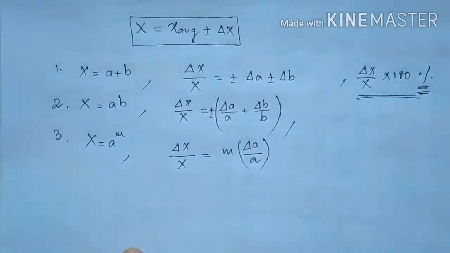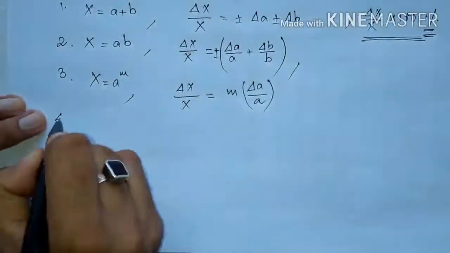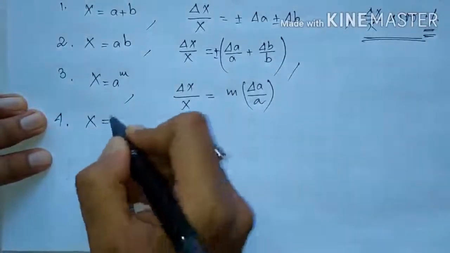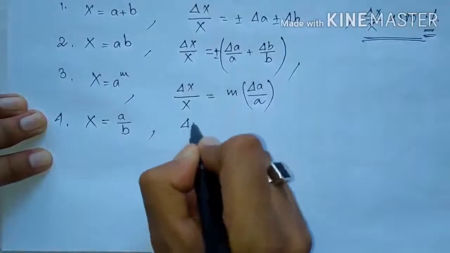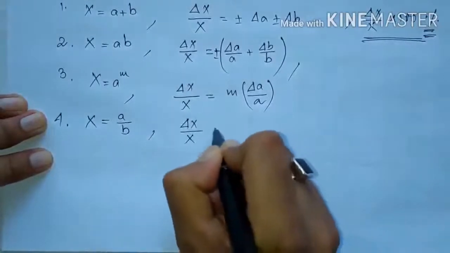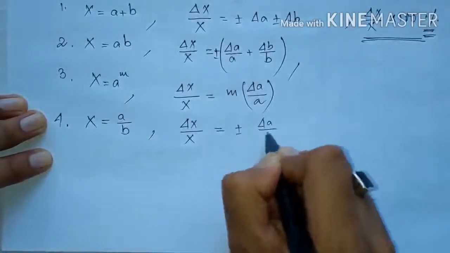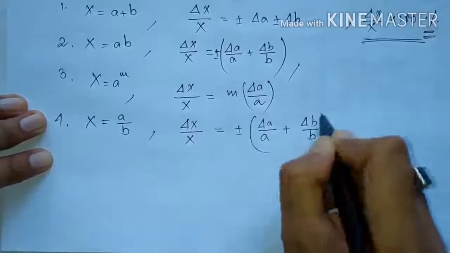Thereafter, we also obtained the expressions of percentage error and relative error if the form of x is x equal to a by b, for which the relative error was delta x by x equal to plus minus delta a by a plus delta b by b.